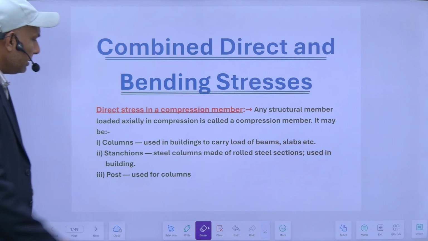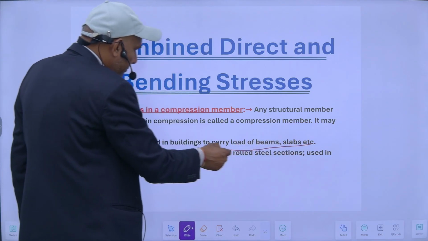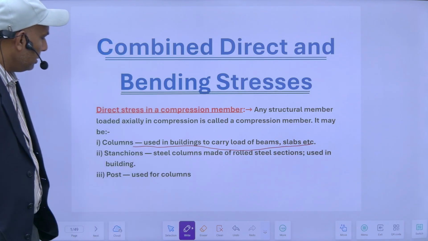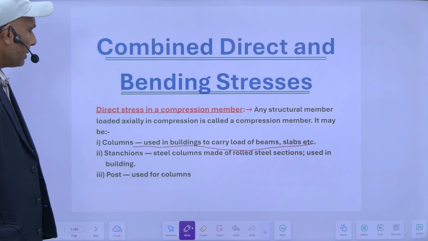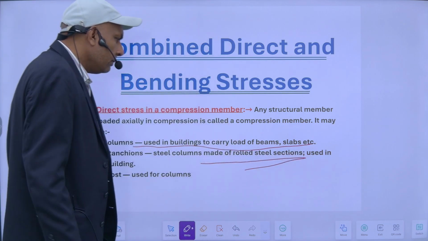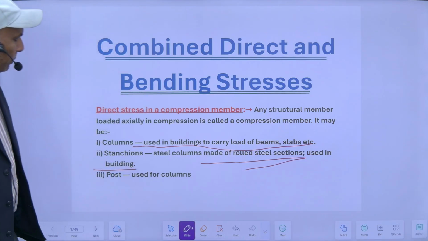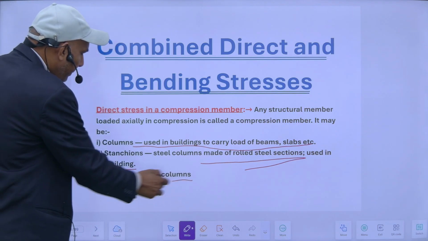A column is used in buildings to carry the load of beams and slabs. Stanchions are steel columns made of rolled steel sections, frequently used in buildings, and a post is also used for columns.